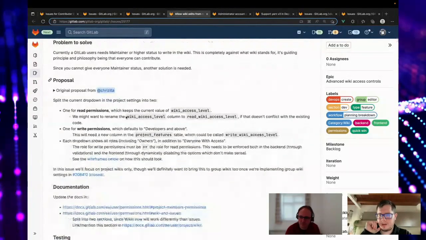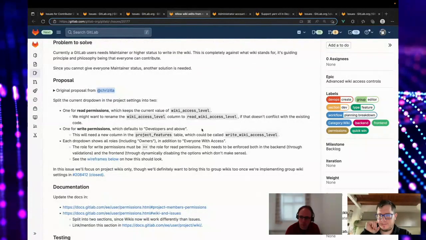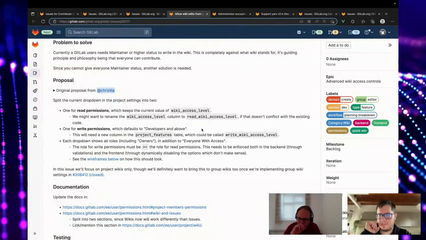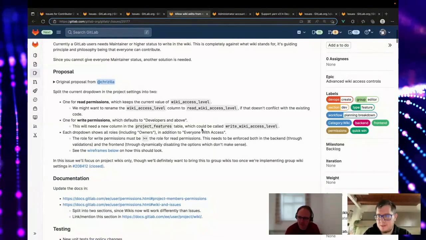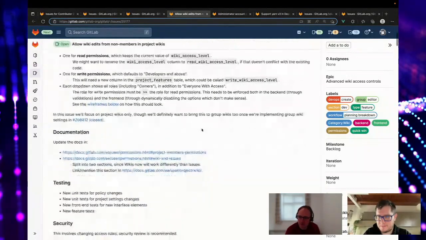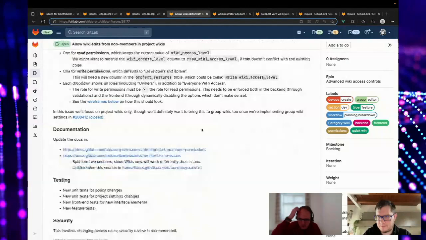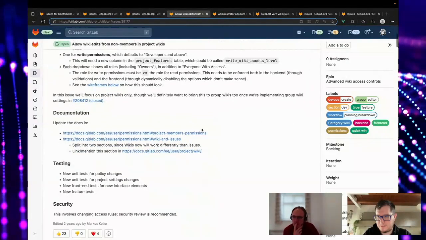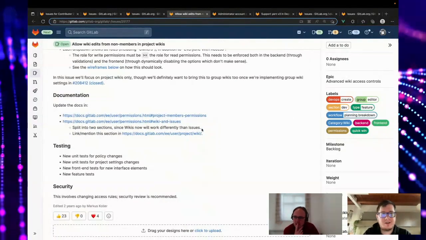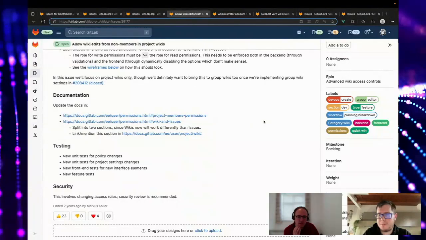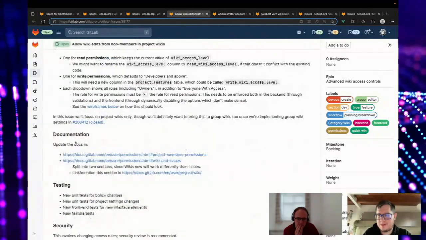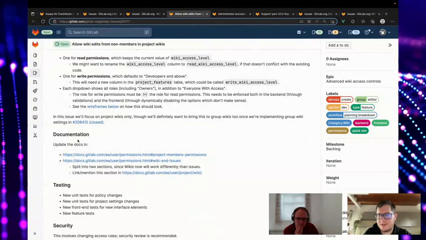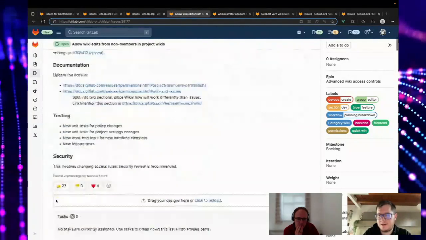It should be a matter of, oh no, this is not just working on the policies. This could actually be split up into an epic because there's also some other subtasks, for example, updating the documentation and that kind of stuff.